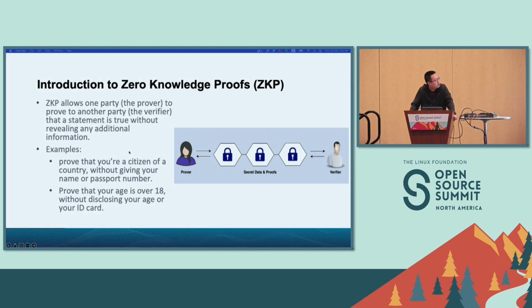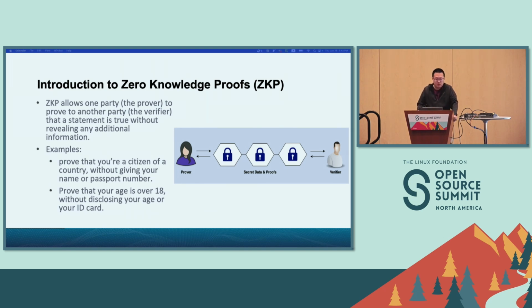And the crypto tool we use here is called zero-knowledge proof. It is a cryptographic two-party protocol. One party is the prover, the other party is the verifier. ZKP, or zero-knowledge proof, allows the prover to prove to the verifier that some statement is true without revealing any additional information.